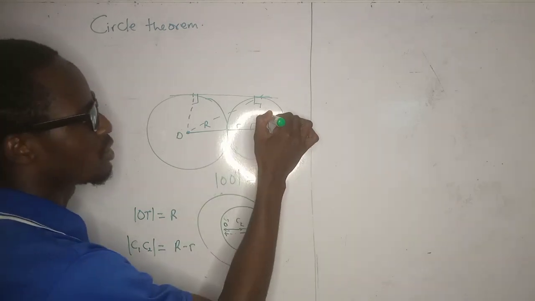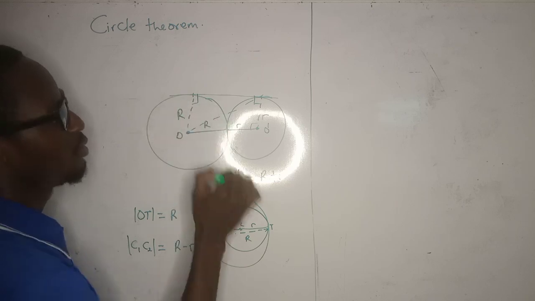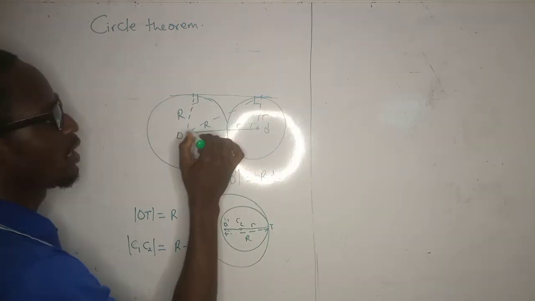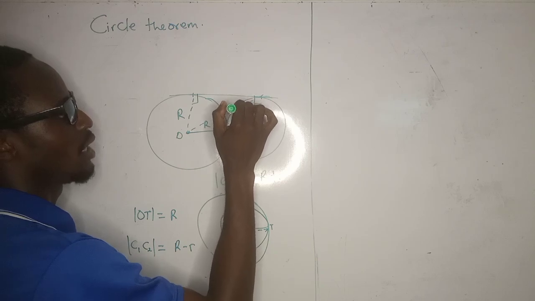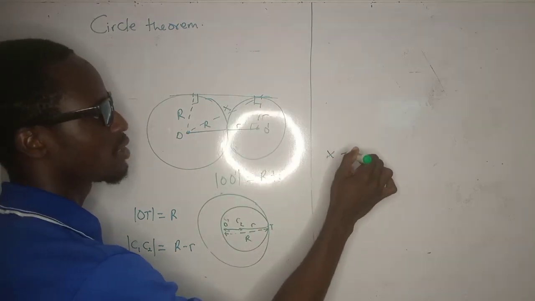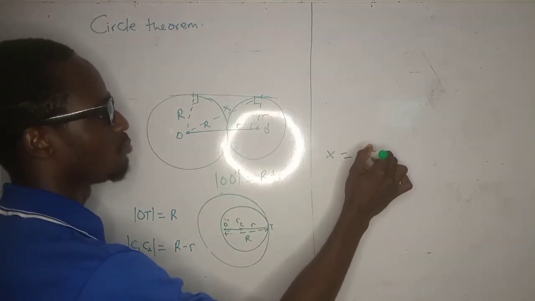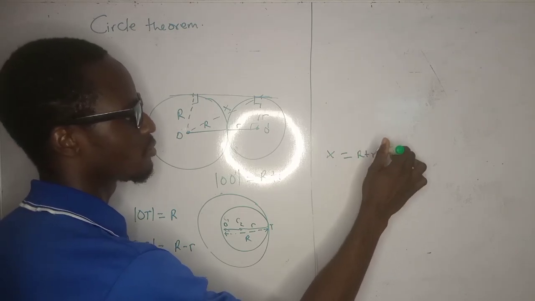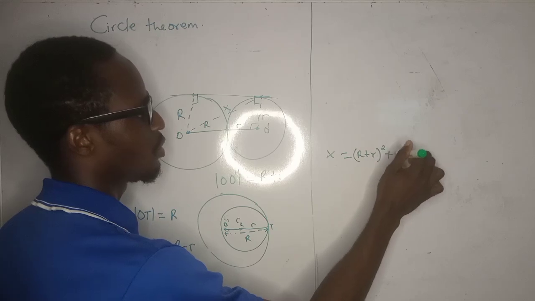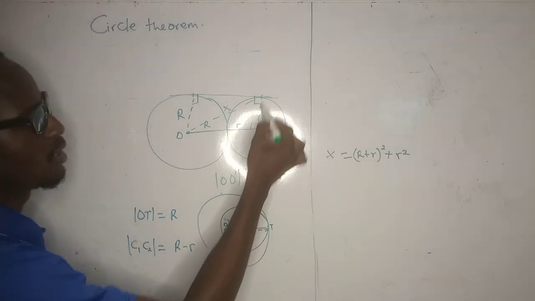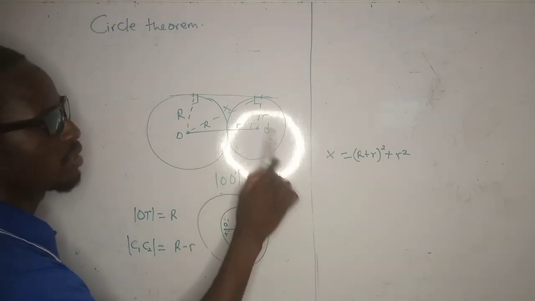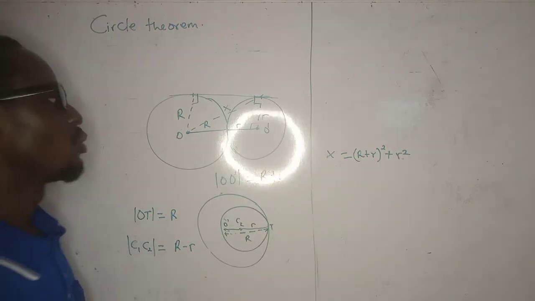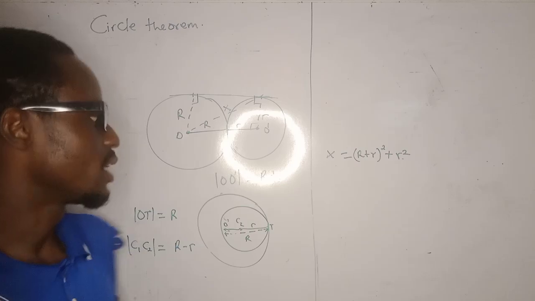So just know that this is small r, this is big R. To find the length of this, let's call that x, you can find x using R plus r squared, that is the hypotenuse, then this is the opposite, R minus r squared, plus x squared. These are the properties of tangents to a circle.